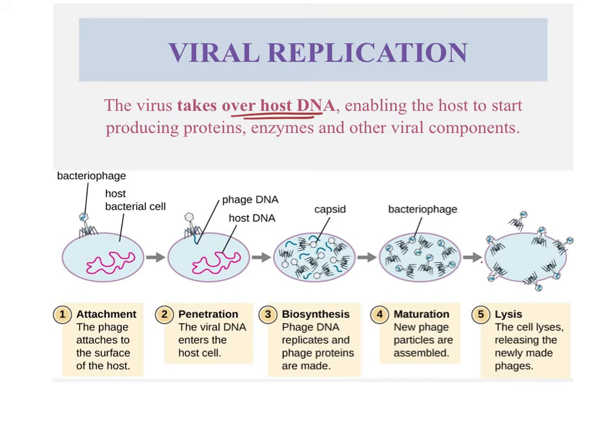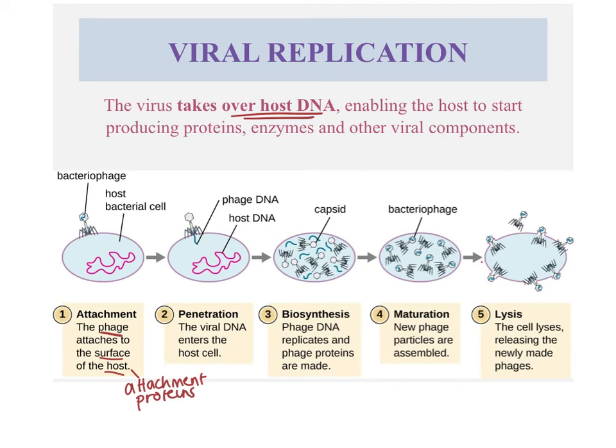So first thing we've got is our phage, our virus, attaching to the surface of the host. And remember from last lesson, it's going to attach through attachment proteins. Those little bits on the outside that stick out a bit like the antigens on a cell, and they stick to a host.